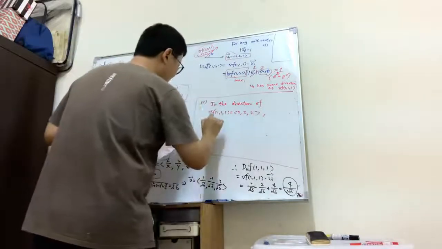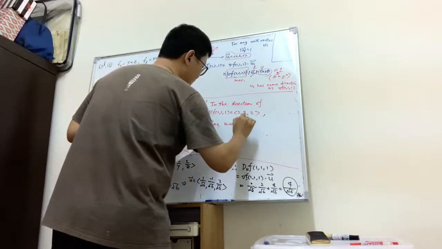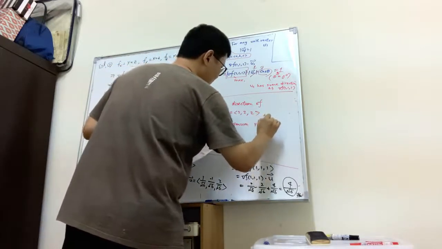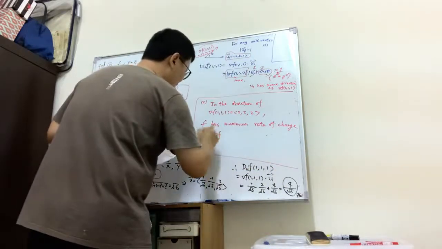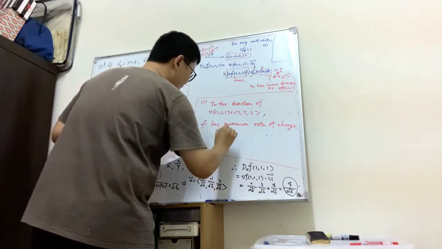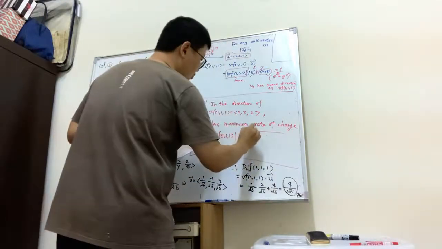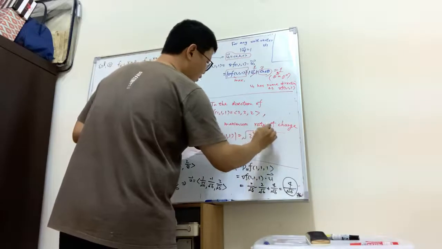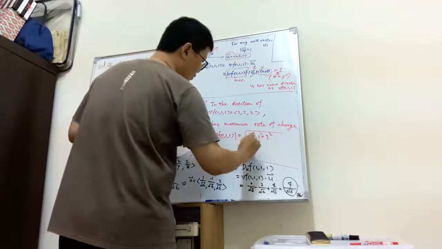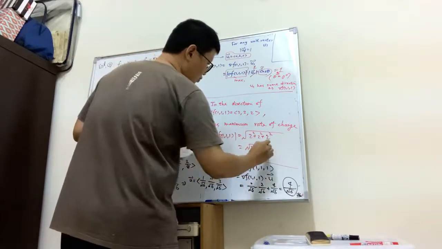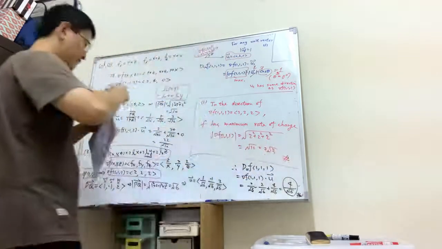In that direction, f has its maximum rate of change, and its value is the length of gradient f(1,1,1): 2 squared plus 2 squared plus 2 squared, under the square root. So it's 4 plus 4 plus 4 is 12, the square root of 12, which is 2 times square root of 3. So we are done.